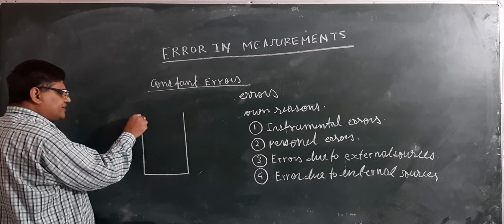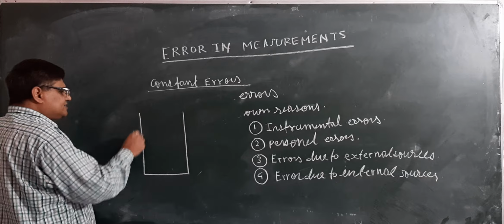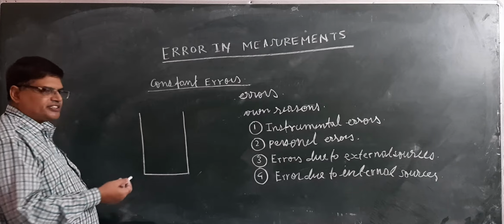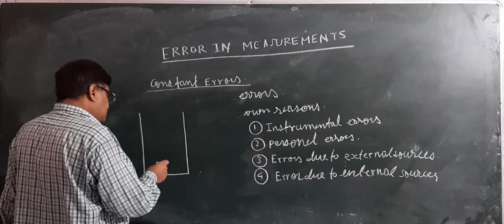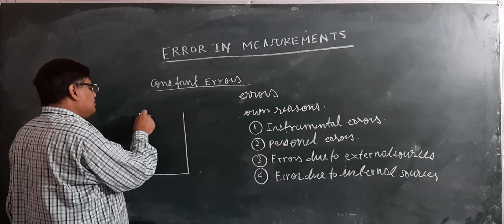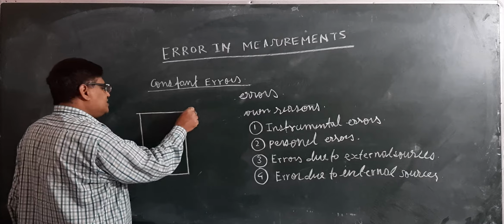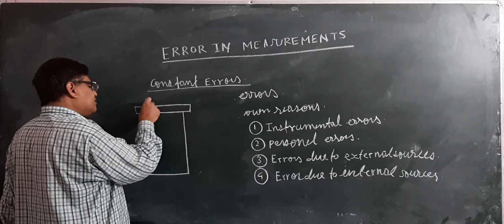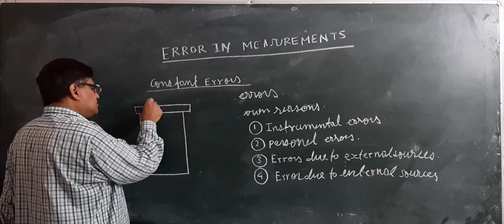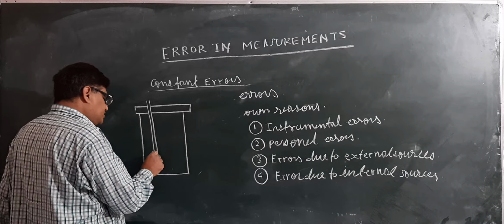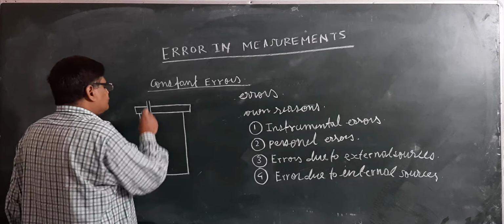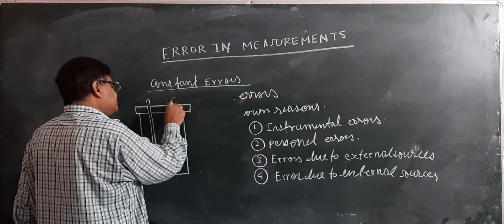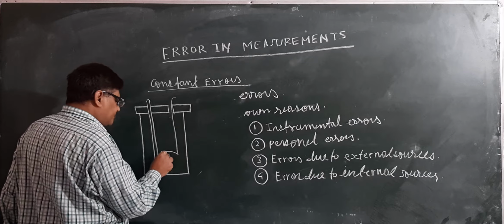A calorimeter is simply a container of copper, and inside this container of copper we put some liquid, or we can put some solid at different temperatures, and there is also a thermometer by which we can measure the temperature from outside. It is covered with a lid, and holes are made so that we can insert the thermometer inside. So this is the thermometer, and there is one more hole through which we put the stirrer.